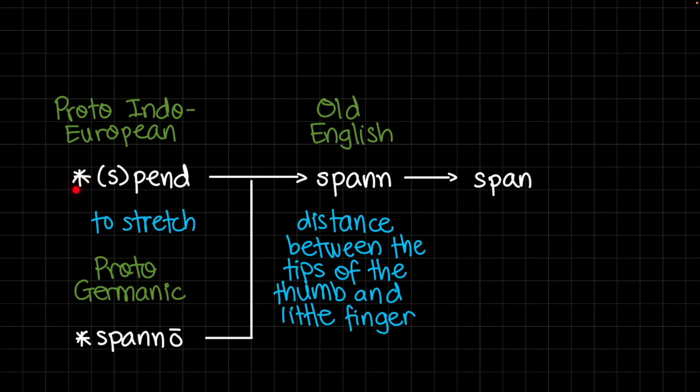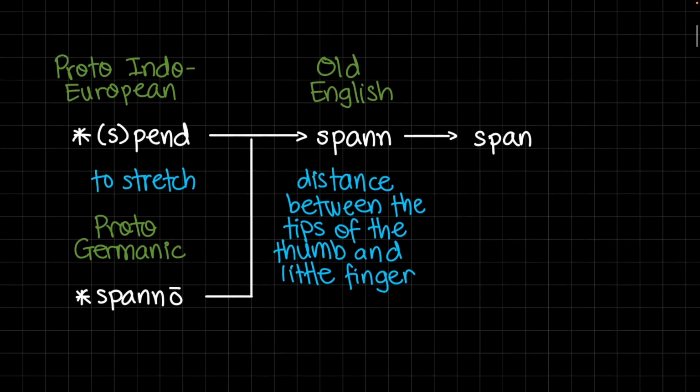And the asterisks here in both these proto languages just indicate that it's part of the reconstruction, that we don't know whether the s should be here, because they're both proto languages. So that's the cool bit of etymology.